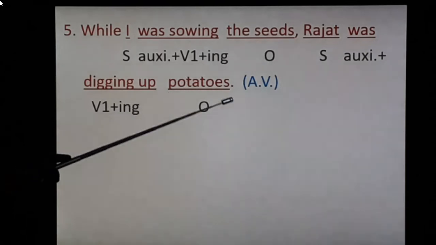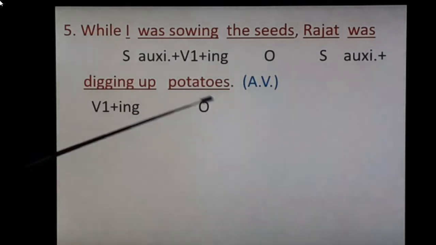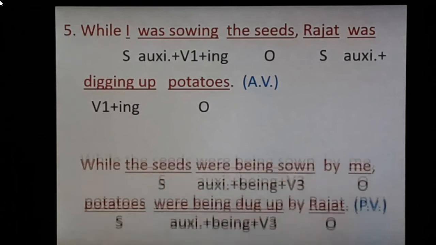So this is active voice because by is not given and V3 form is not given. Suppose you get this type of example. So for first portion also and after putting comma, second portion also, both are in past continuous. So you have to change both. This way.